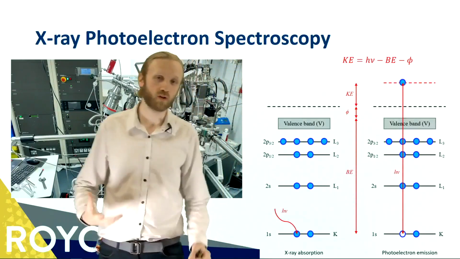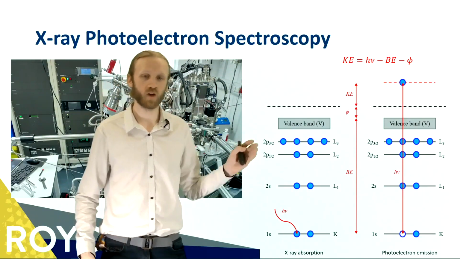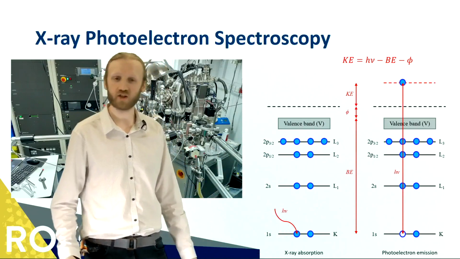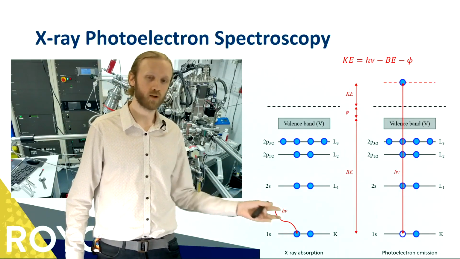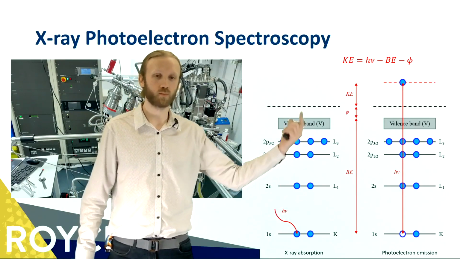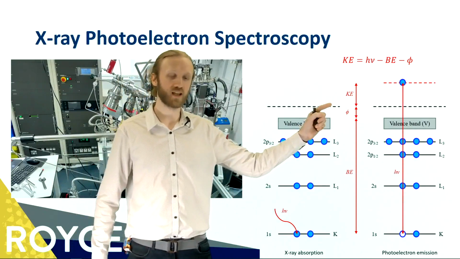Now, XPS is one of the most fundamentally useful techniques in all of surface science. By bringing in an incoming photon of energy h nu, we can have that photon absorbed by a core level electron in the material, which then promotes and ionizes to give it a kinetic energy KE here.